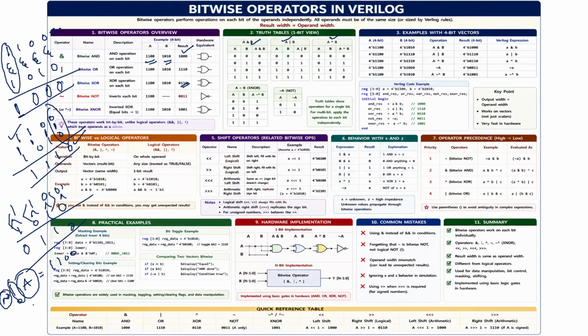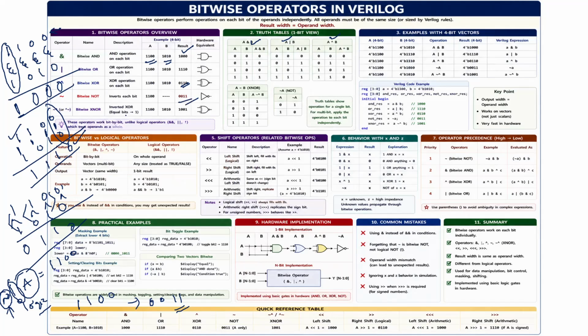In the logical operator you consider the value as high or low. This is the logical NOT operation, this is the bitwise NOT operation. In bitwise NOT, whatever value we consider, 1100, just complement it to 0011. I am getting the output here. So that is the output.